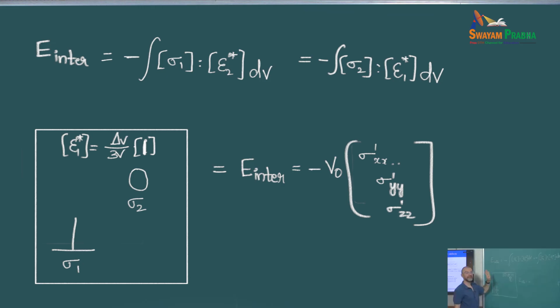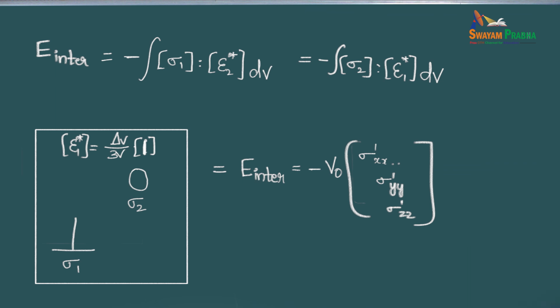Now the eigenstrain of the vacancy is 0 everywhere except at the vacancy, right? And inside the vacancy it is constant. So what is this equal to? I take the matrix, sigma 1 x, and so on, sigma 1 y, and then sigma 1 z, okay?